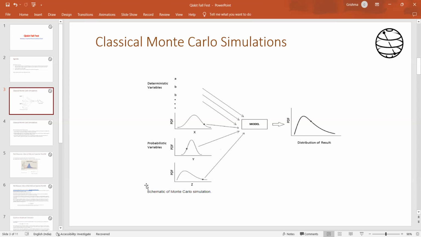When you take random samples, you can do several thousands to millions of simulations, and you get those many scenarios and those many output results. The more simulations you do, the better distribution you will get for the output. And that's the idea of the Monte Carlo simulations.